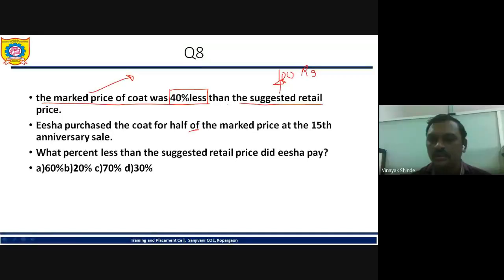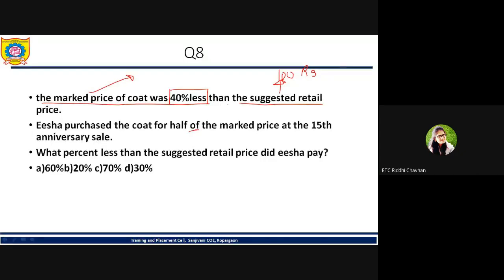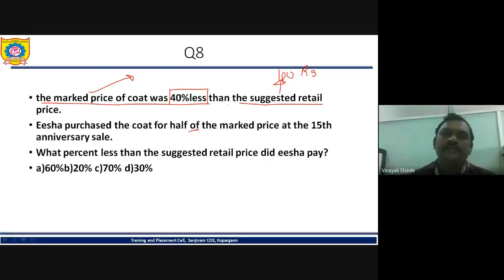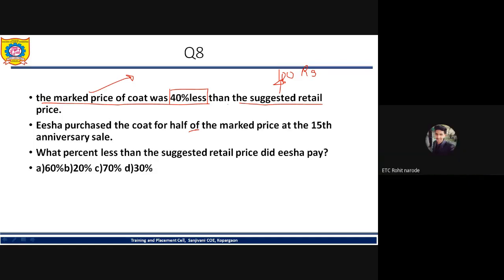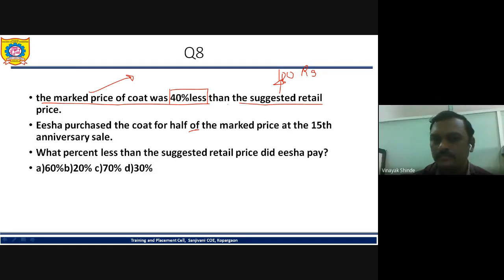Riddhi Chavan and Rohit Narode. Unmute yourself. Yes, sir. If the suggested retail price is 100, we have assumed the suggested retail price is 100 because the mark price of the coat is given as 50 with respect to the suggested retail price.